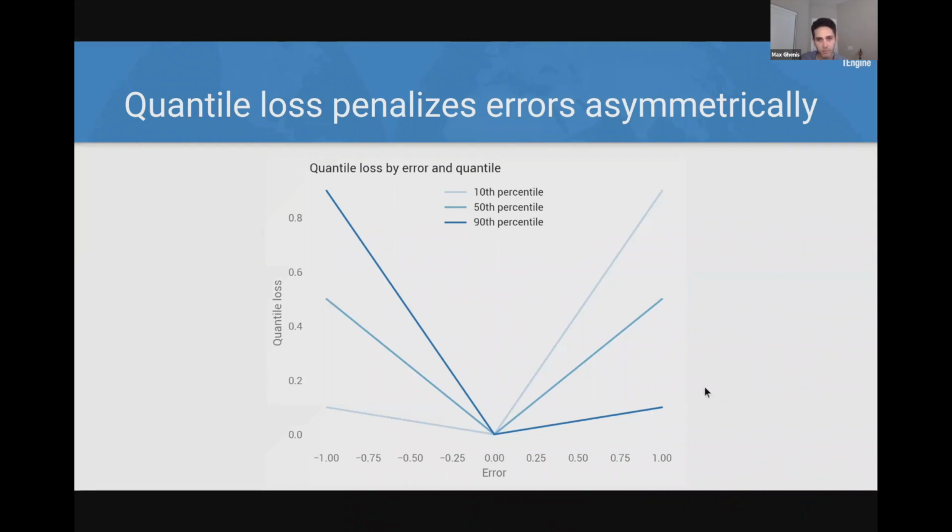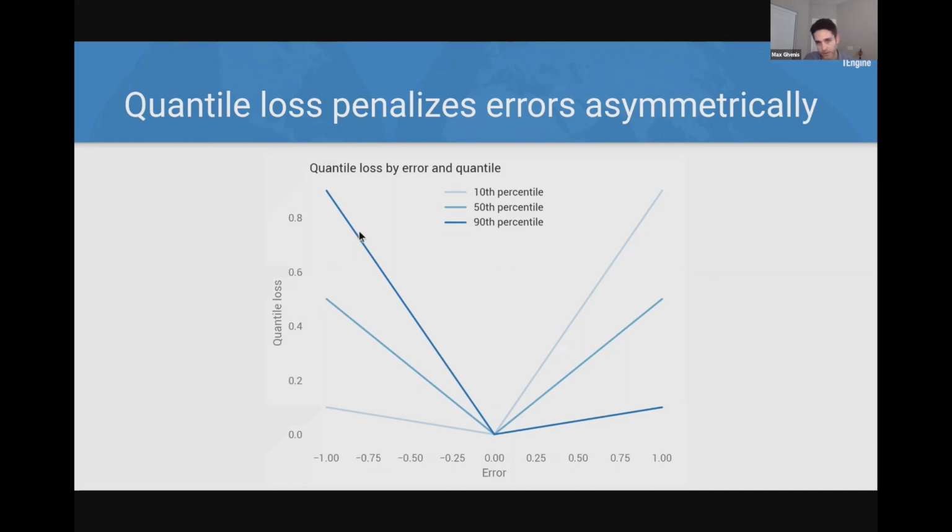So at the 50th percentile, it's really just mean absolute error divided by 2. So at the 50th percentile, if you're either ahead or behind, your error is positive or negative, it's fully symmetric. So this compares pretty similarly to mean squared error, which is a very common loss function for example, OLS.